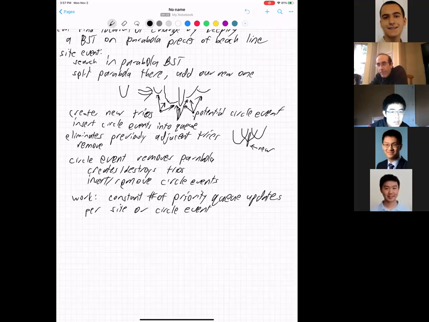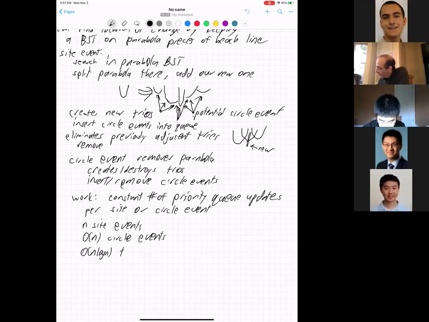When you identify a Voronoi point. So how often does that happen? Order n times, because we proved that there are order n Voronoi points. So there are n site events and order n circle events. And so overall, we're going to be spending order n log n time updating the queue.